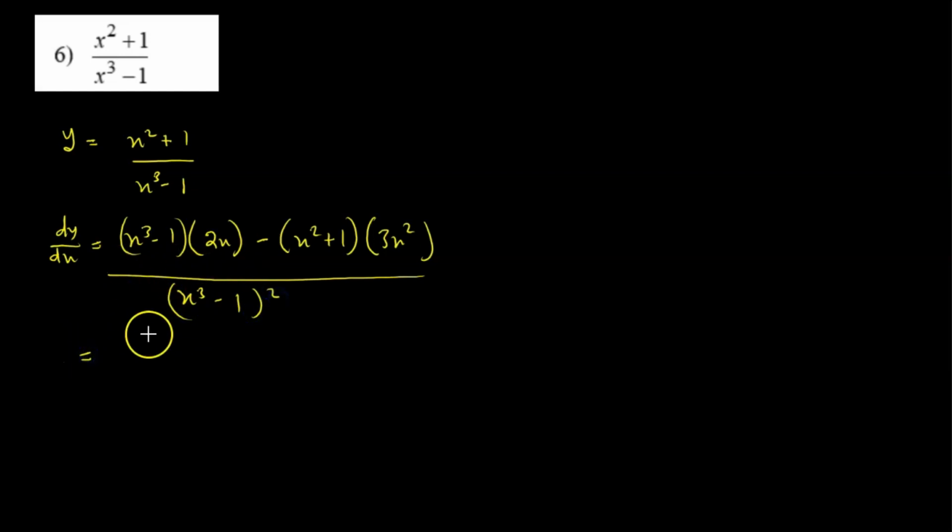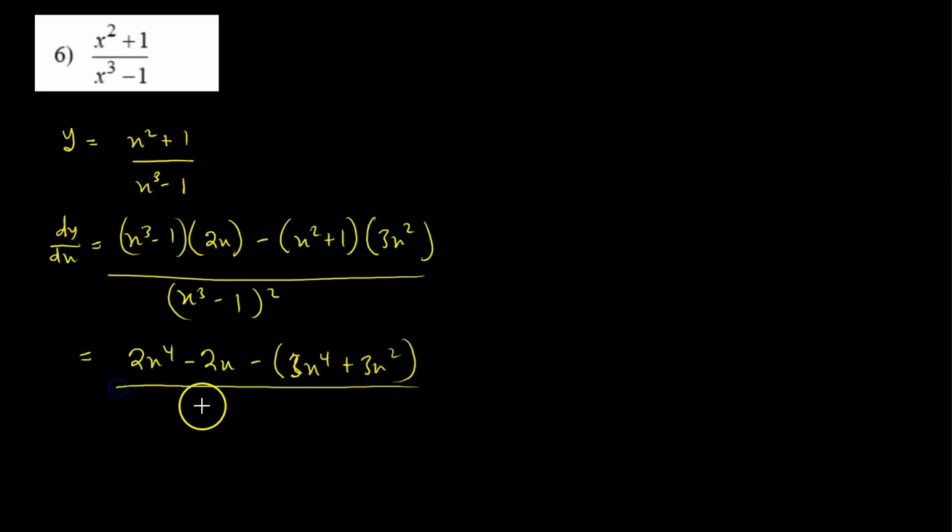Going further, we expand the numerator and simplify. So we are going to obtain 2x to the power 4 minus 2x, then minus into bracket, that will give us 3x to the power 4, then plus 3x squared, divided by x cubed minus 1 all squared.